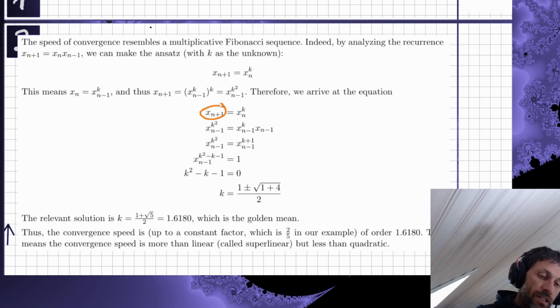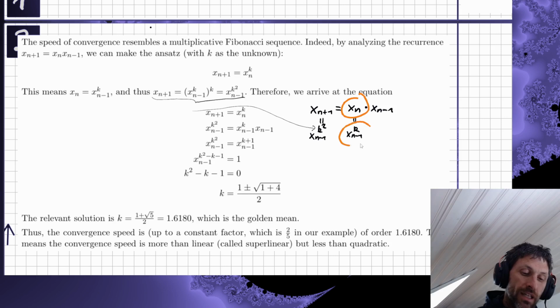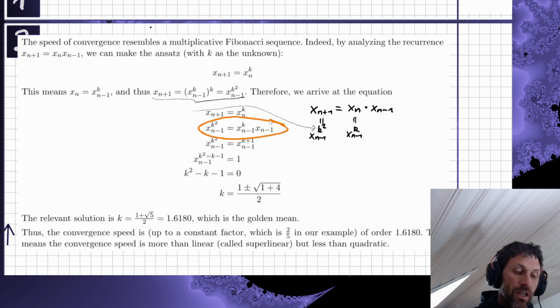So xn plus 1 is this one. Here I wrote it for that part again, and then on this side we can write xn to be xn minus 1 to the power of k. So knowing that this is true, we can rewrite xn by that, and we get this line.